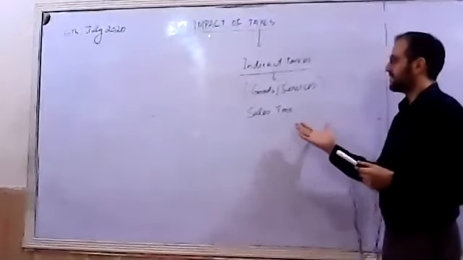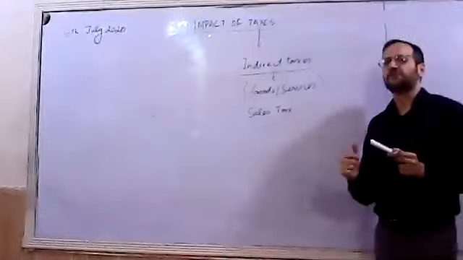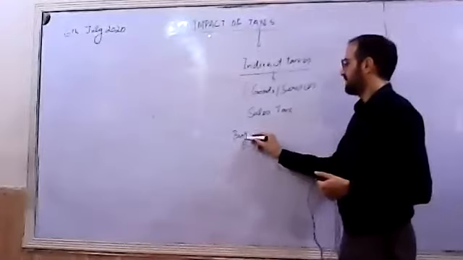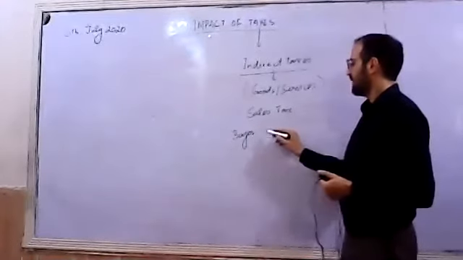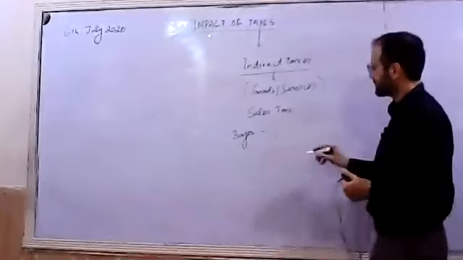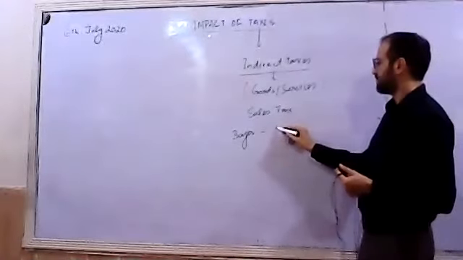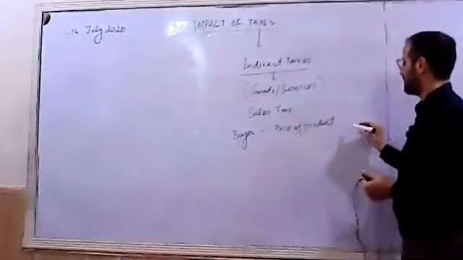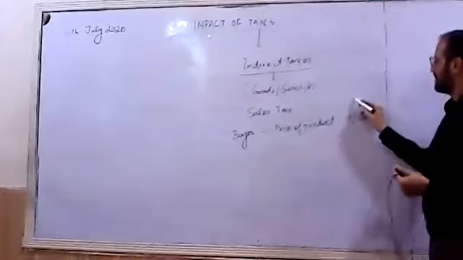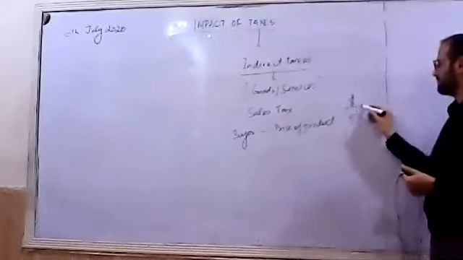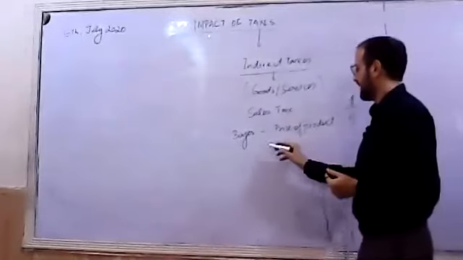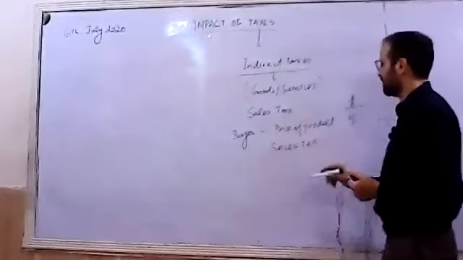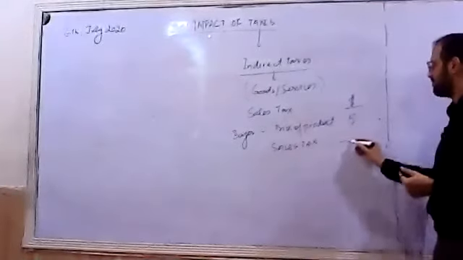Now, the sales tax is something which we obviously know how it is paid. Whenever a buyer buys something, he has to pay some amount on the product. Let's suppose the price of the product is, let's say, $5, and the government imposes sales tax on the producer, which the producer adds to the consumer's price.